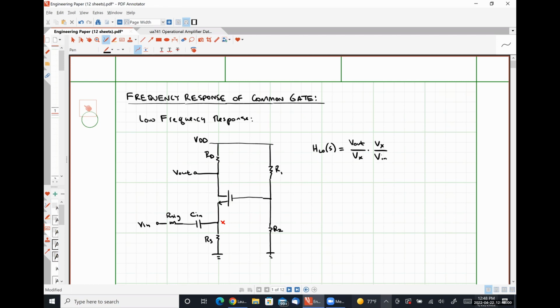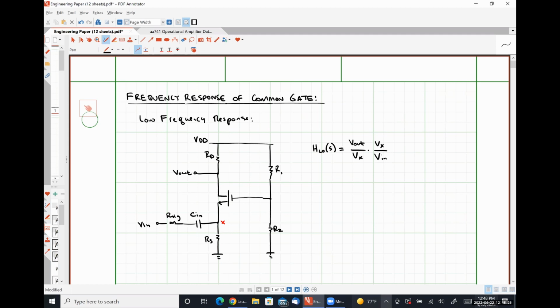Resistor R1 and R2 is just a resistance at the gate, which also doesn't affect anything. So it's literally just gm times RD, which is the same as a core common gate amplifier. Okay. So we have that gm RD, our mid-band gain already given to us, wrapped nicely in a bow.